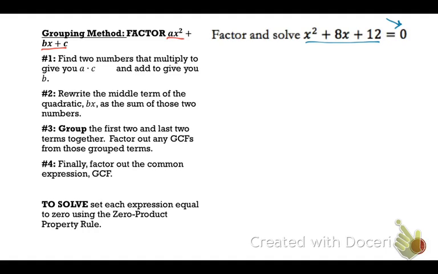So the first step in grouping is that we want to work backwards and try to find what was multiplied together in the two binomials to get this trinomial. So the process is we're looking for two numbers that will multiply to give you a times c and add to give you b.